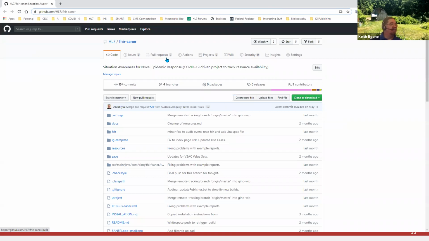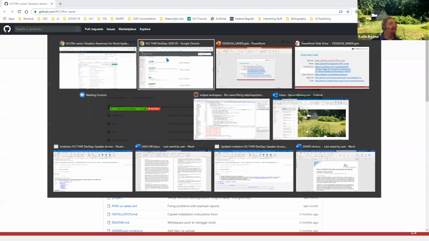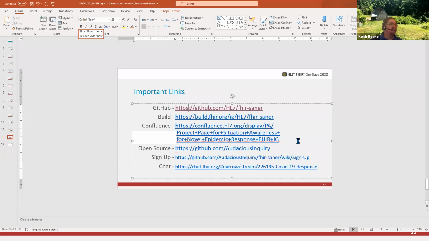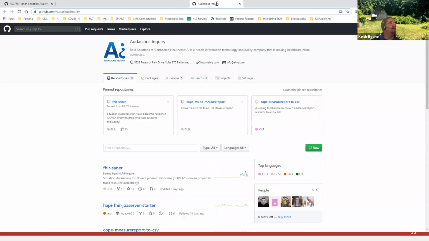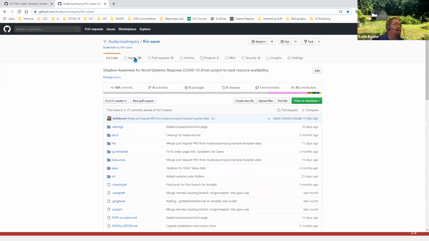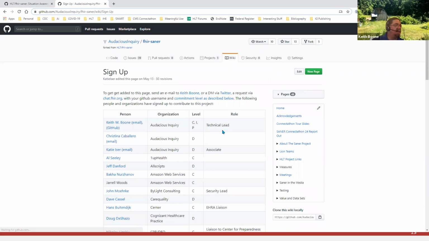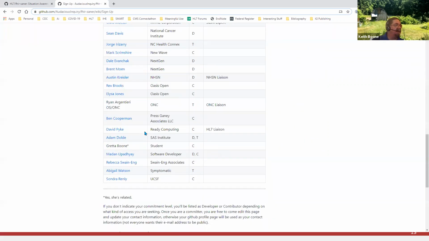We do a lot of our development of that in a fork in the Audacious Inquiry GitHub, because that's where we're doing our issue tracking, where the wiki is, and where you can sign up to participate just by adding your name to the list here.